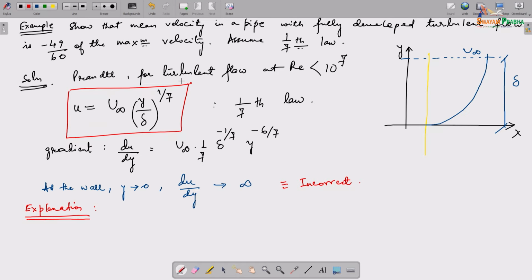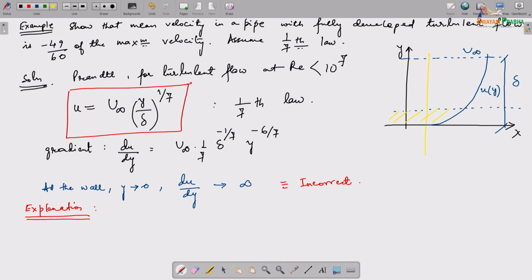So we are tempted to think, I am exaggerating this, that there is a certain height here. We were trying to figure out what kind of velocity profile this would be when this is a turbulent boundary layer. We said that this is equal to this, but we find that near the wall this does not seem to hold.